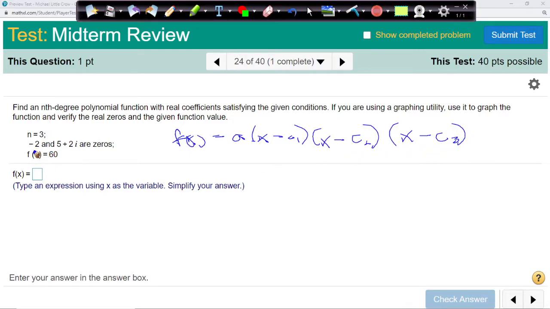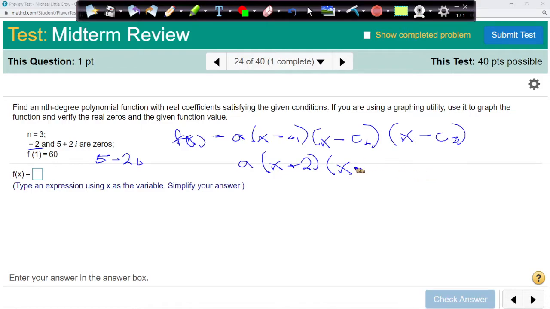First 0 is -2, so as we put that in, minus a -2 is going to be plus a 2. And then when we have an imaginary zero, there's a theorem that states we also have its conjugate. So we've got 5 plus 2i, and we get 5 minus 2i. That's the conjugate.